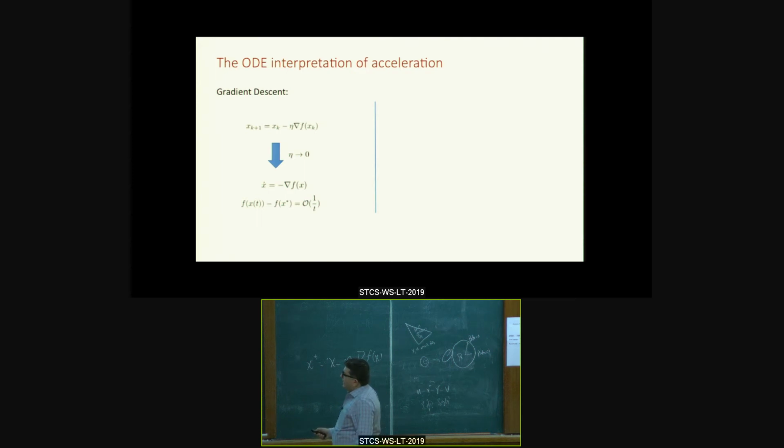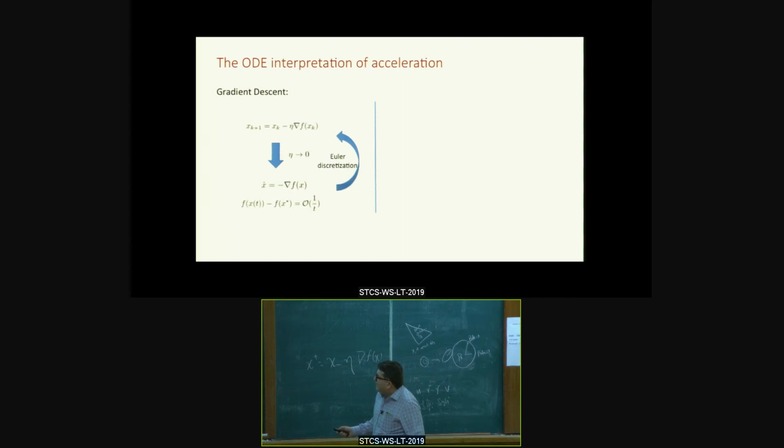And it's easy for anyone who's had a basic course in dynamical systems to see that the function value, if the function is convex, could be basically a Lyapunov function, and you can prove stability of the equilibrium of this differential equation, and you get a rate of 1 over t. And that's why we said it's not optimal, because for a convex function that is not strongly convex, the optimal rate is 1 over t squared.